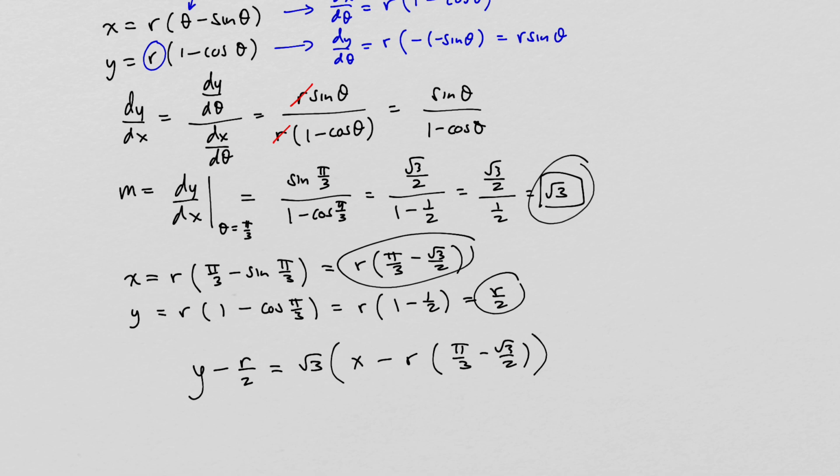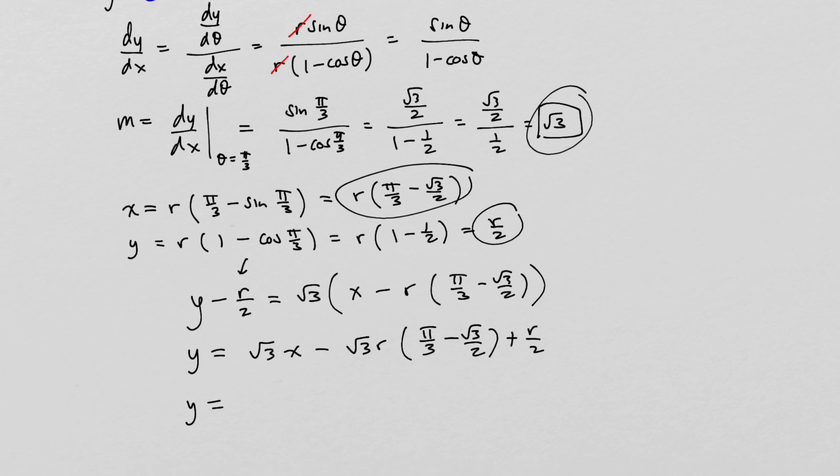And you could multiply this out a little bit, I suppose. You could multiply radical 3 times x, and then radical 3 r times (pi over 3 minus square root of 3 over 2). And then you could add r over 2 to both sides. I don't really know if this makes the equation of the tangent line any nicer.